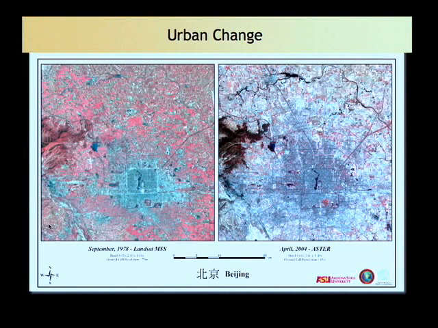In this false color image, fields and vegetation are showing up red. And it doesn't take much to note the difference between 1978 and 2004. In that same area two years ago, there's virtually no agriculture or vegetation left in this region.